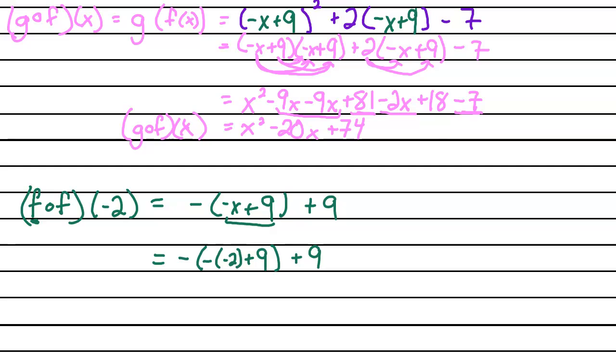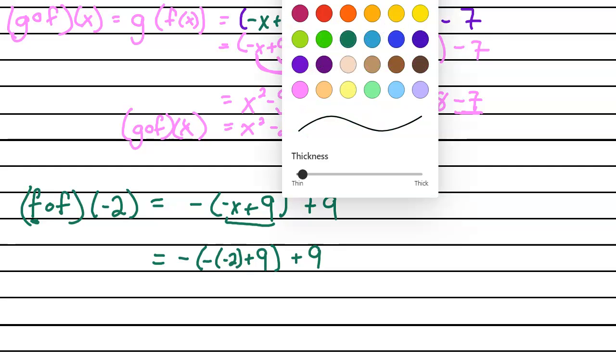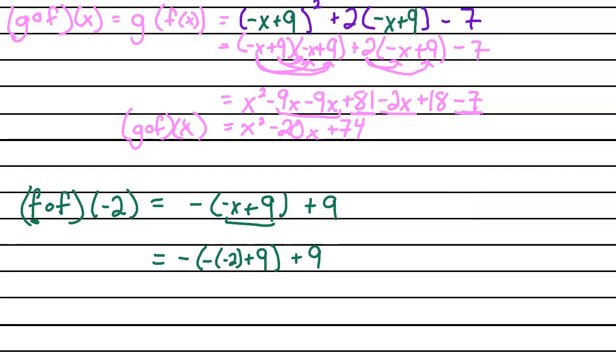So notice I started writing my f function here, negative x plus 9. In place of my x, I wrote the f function again, because that's what's second. Then I replace whatever x's I have with this number.